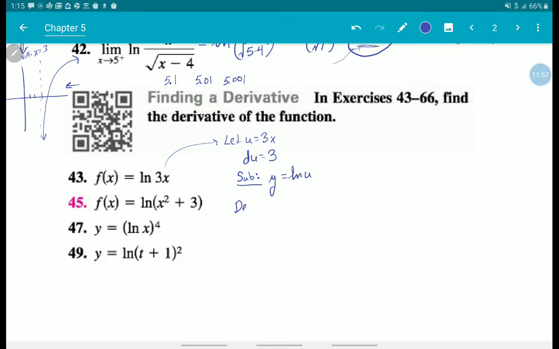So our derivative would be y prime equals du over u. And then if we sub back in, our du was 3 and our u was 3x. So our answer will be 1 over x. So there's our derivative.